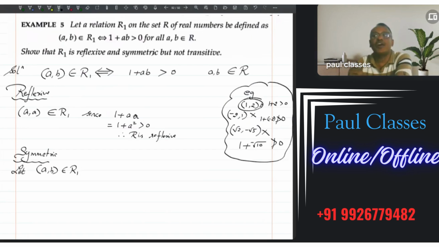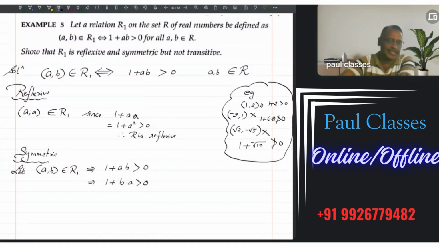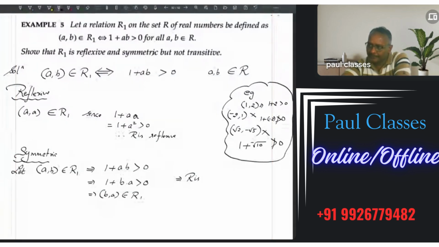Like for example, I have taken 1, 2. I am taking a pair which is already there in R1. So this will imply 1 plus AB will always be greater than 0. If 1 plus AB is greater than 0, for sure 1 plus BA will also be greater than 0. No doubt at all, because A into B and B into A are always the same. So this will imply B, A will also be there in R1. This implies R1 is surely symmetric.